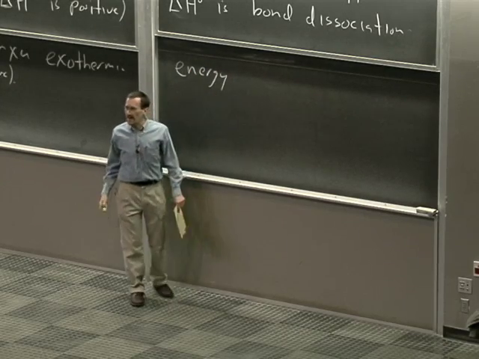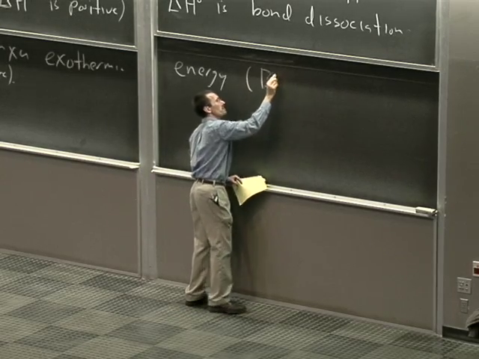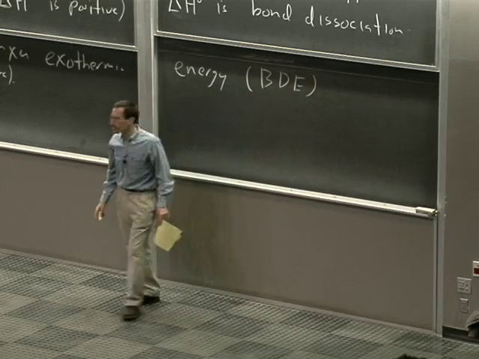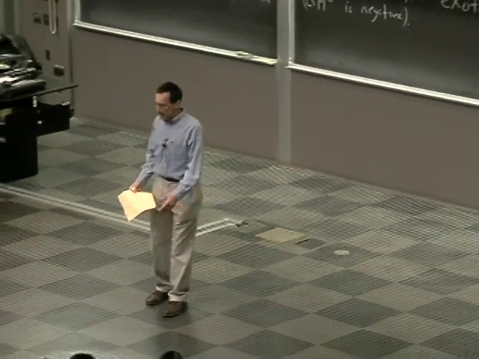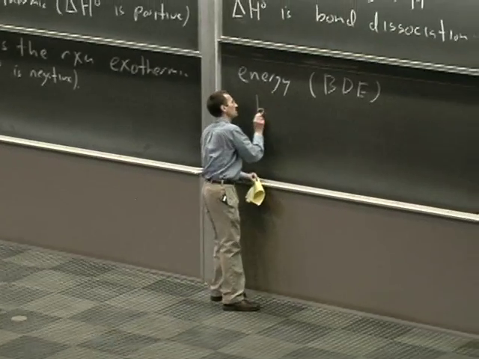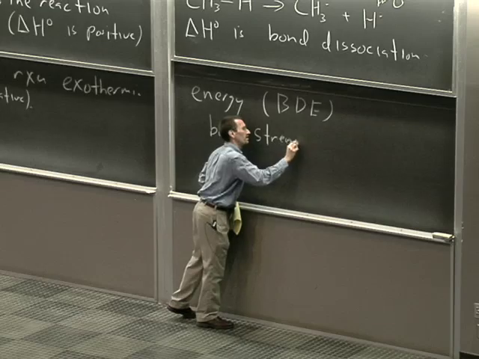We can refer to that as BDE. It'll make things simpler because we'll be using it a couple of times. So I'm just going to abbreviate it as BDE, just like I sometimes abbreviate reaction RXN. And we can think of this as the bond strength. This is the energy to literally rip a bond apart.